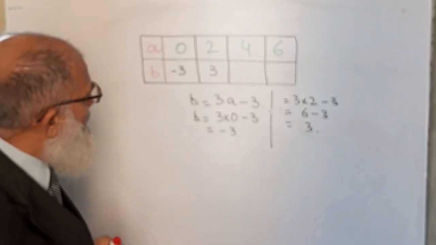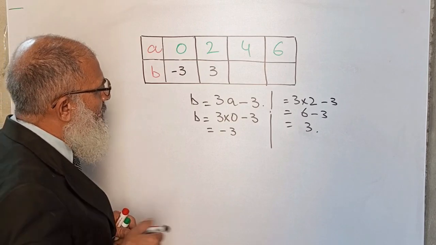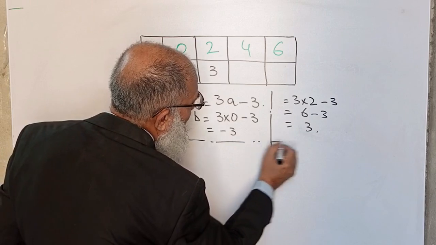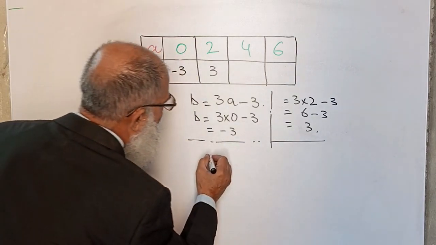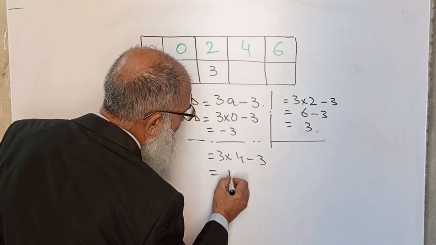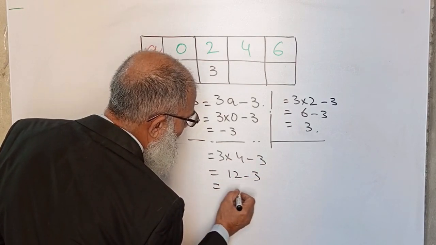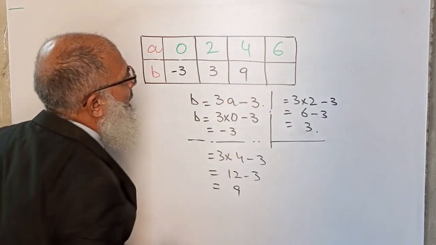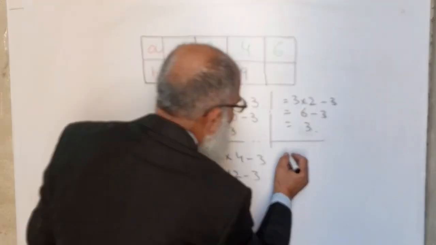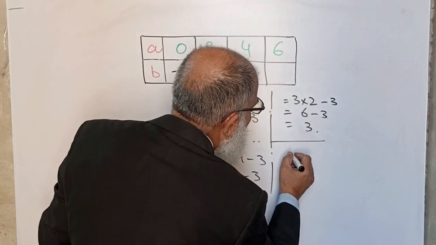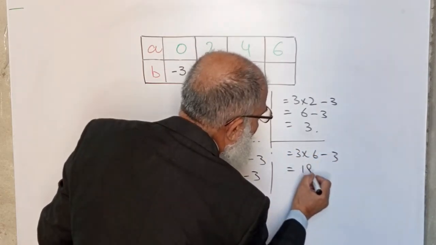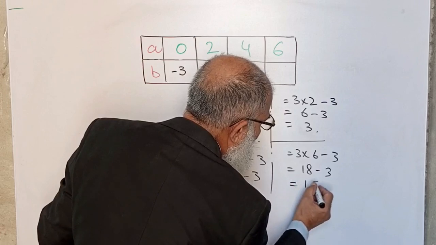And for 4, 3 multiplied by 4 minus 3, that is equal to 12 minus 3, and that is equal to 9. Similarly for 6, that is equal to 3 multiplied by 6 minus 3, that is equal to 18 minus 3, that is equal to 15.